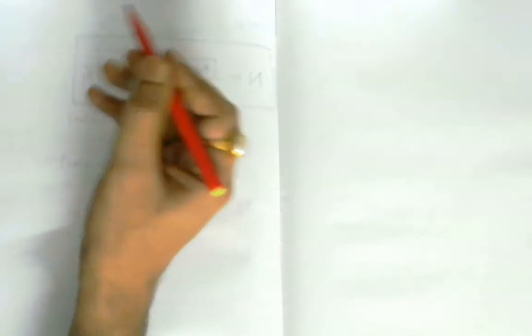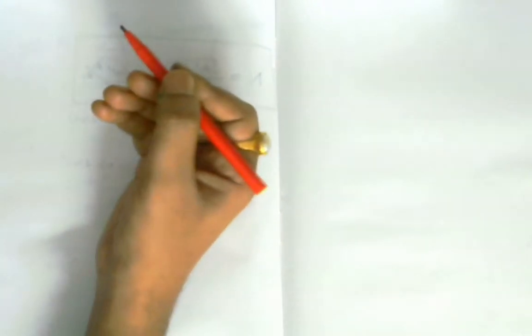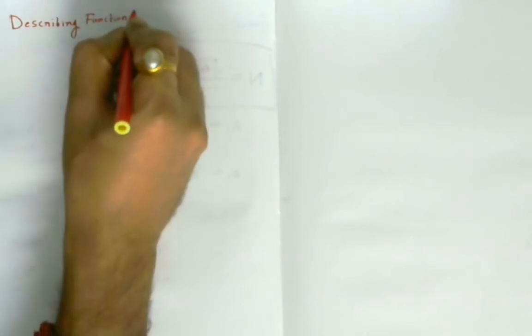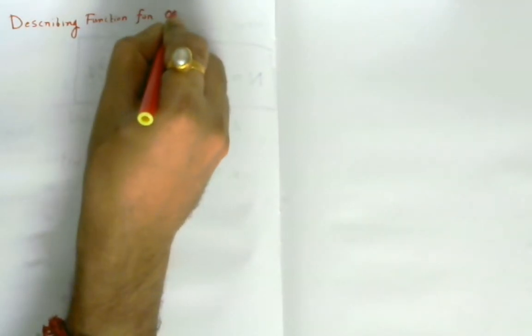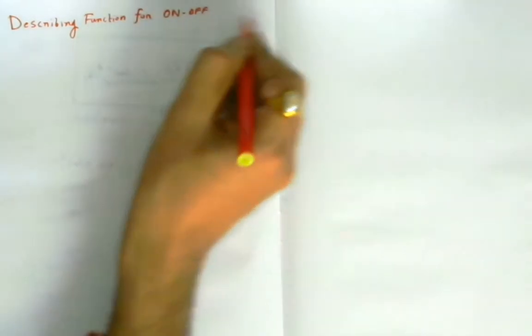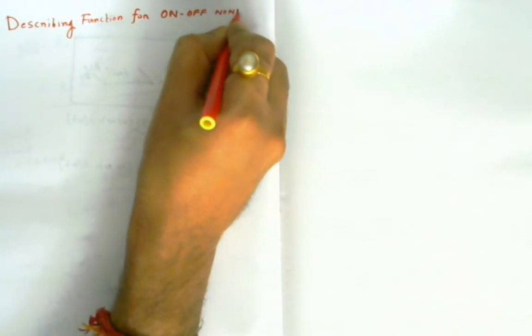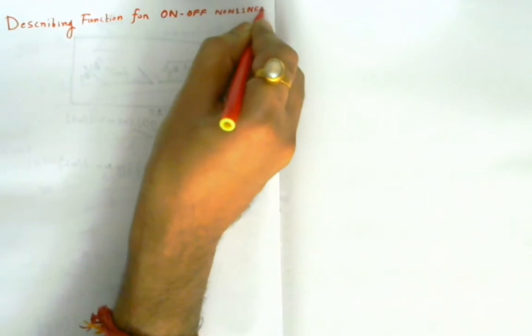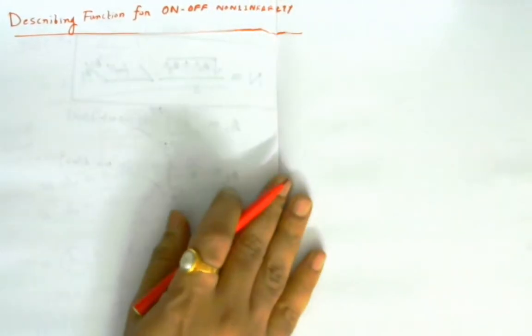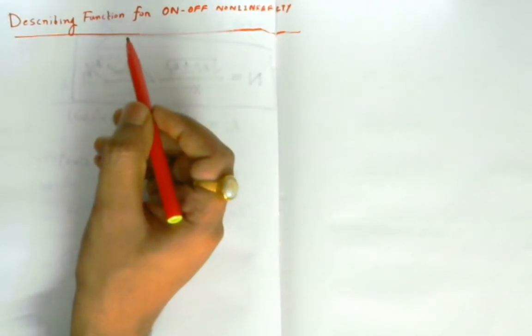Let me pick the first, very simple example, which is the on-off nonlinearity.